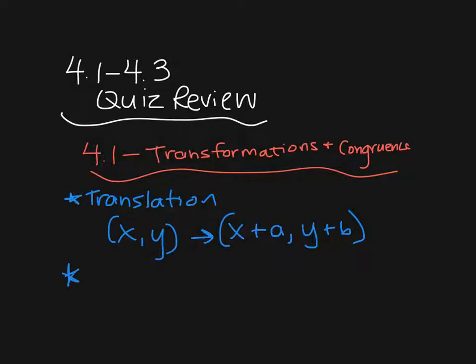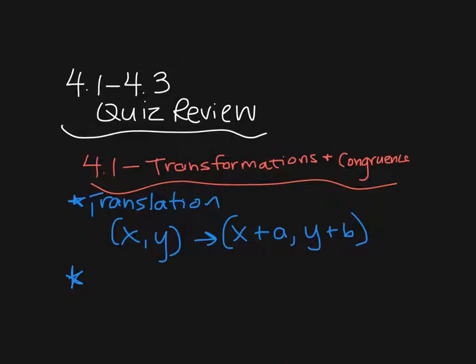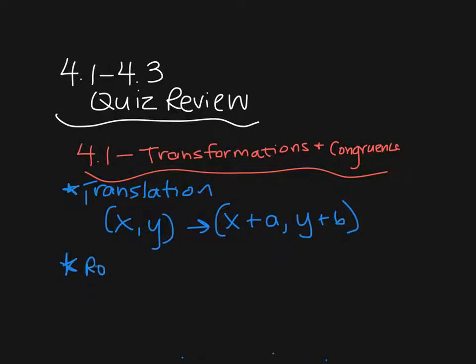And then we had your rotation. And so for these, you started with X and Y, and then there were 3 different ways to shift them. Okay, the first, every single one of them had an X and a Y that were switched.